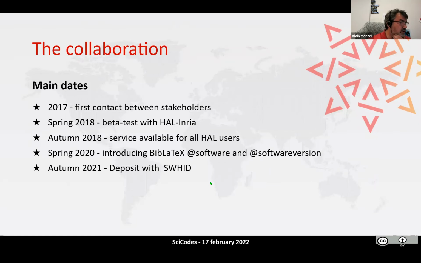The collaboration between CCSD, Software Heritage, and Inria began in 2017. Now the service is almost open for all researchers using HAL in France, and we have developed some services and tools, and one major development in the last year was the deposit with the SWHID.